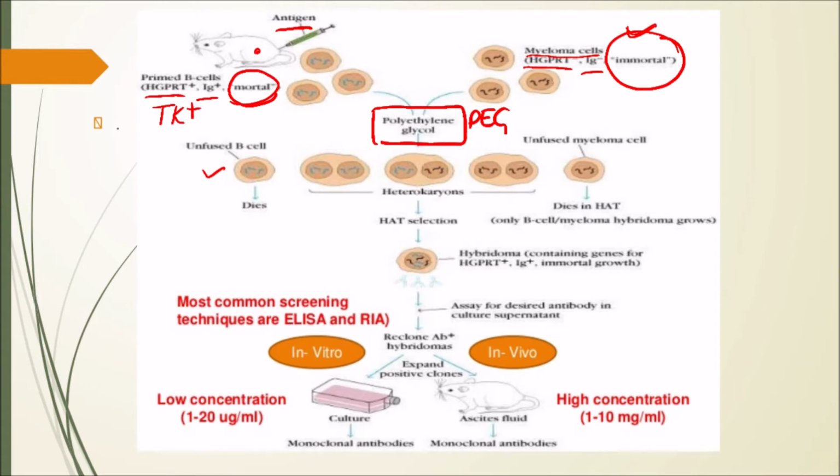The unfused B cells will die because they have a limited lifespan. But the unfused myeloma cells will survive, and some fused cells will survive. When two B cells fuse, this will also not survive, because they have a limited lifespan.